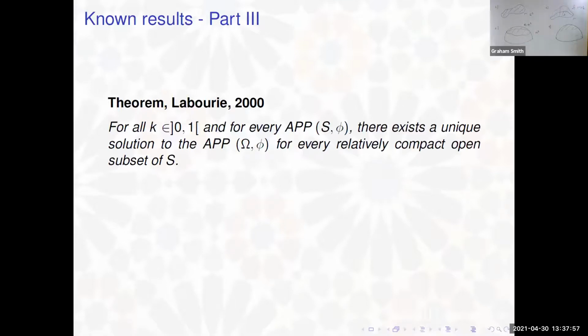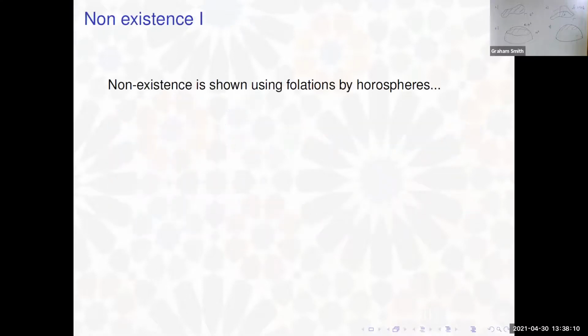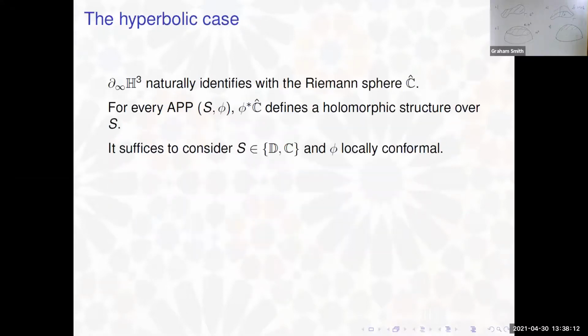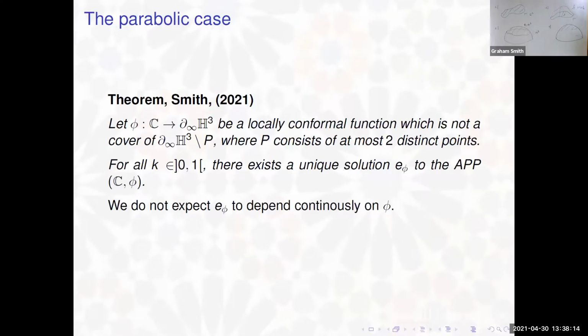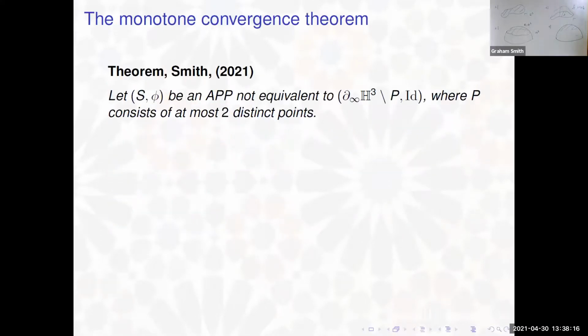So if I could exhaust S by relatively compact open subsets, and if I could show that the solutions for each of these subsets in the exhaustion converge to a limit, then I would essentially have won. And that is exactly what we show. So the real new result here is this one, which I like to call the monotone convergence theorem.